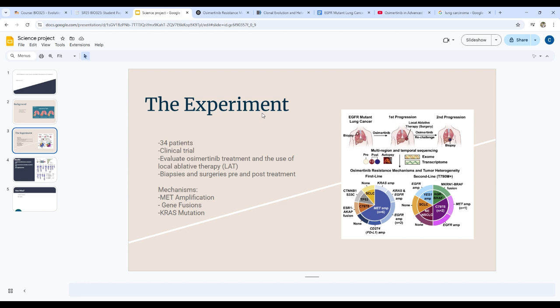As you can see in the bottom right with these pictures, there are different mutations and amplifications, especially MET. With that amplifying, there's more uncontrolled growth, and there are at least 3 mechanisms of resistance we're looking at. MET amplification is one of them.